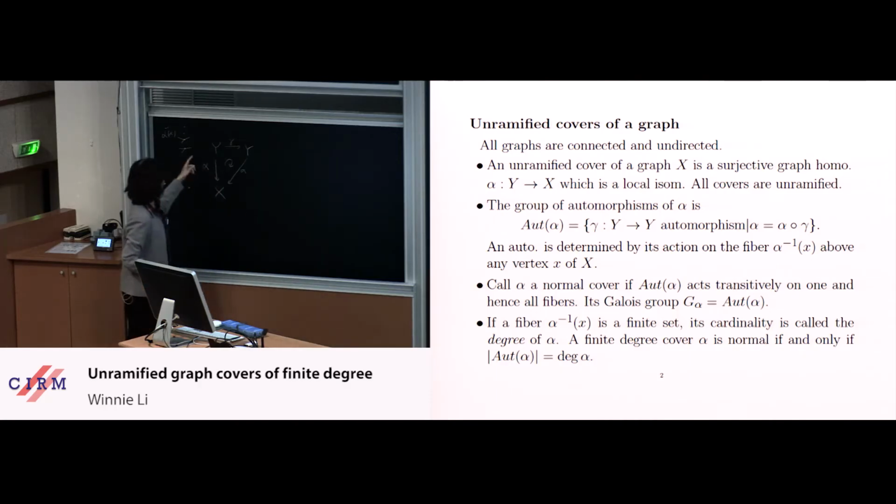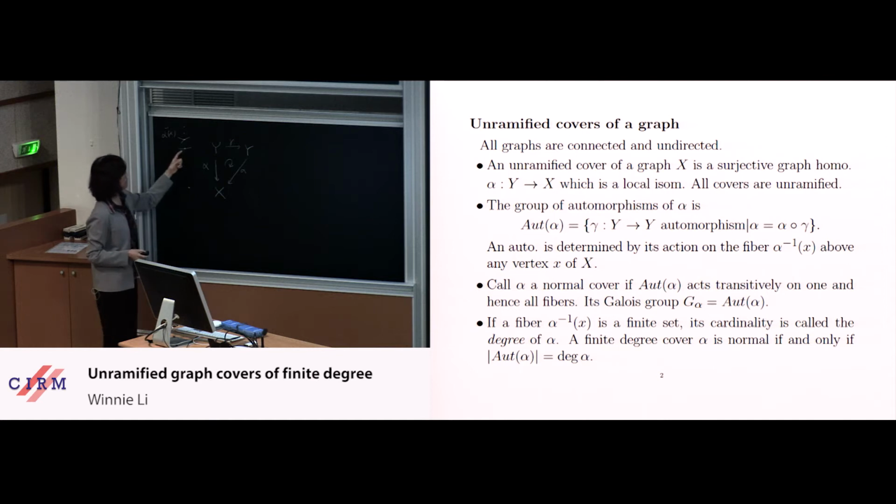We call this cover a normal cover if this automorphism group is large enough, namely it acts transitively on the fiber. If you take a point and look at its fiber, and that fiber has finitely many points, then the number of points will be the same regardless of which vertex downstairs you choose.